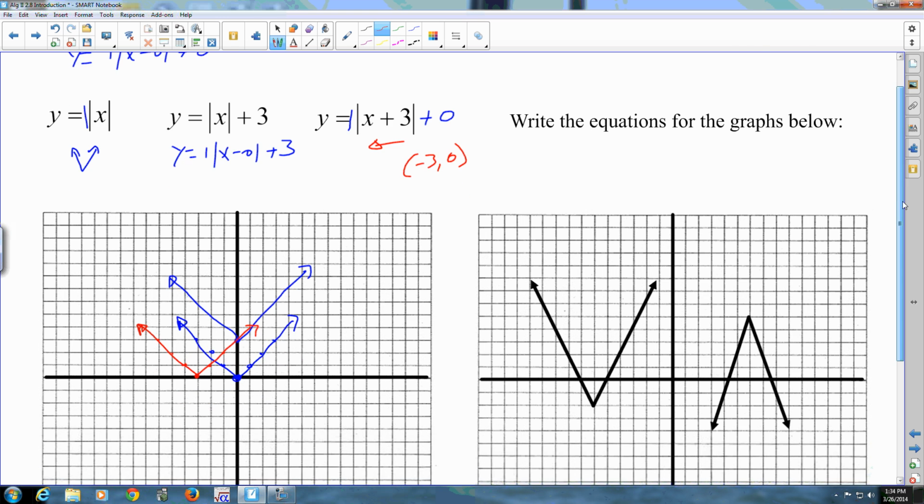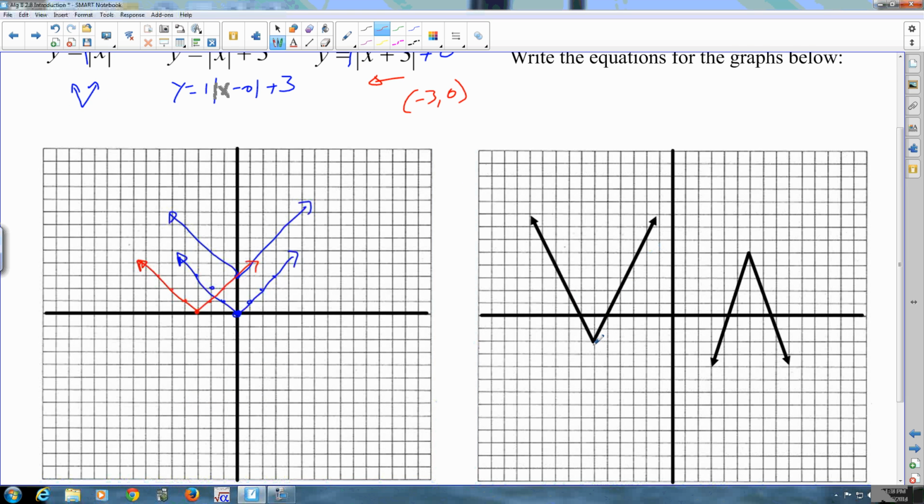To write the equations for these two, I've got to know the starting point. So that coordinate is 1, 2, 3, 4, 5, 6. So negative 6, negative 2. And remember, this one's read opposite, this one's read the same.